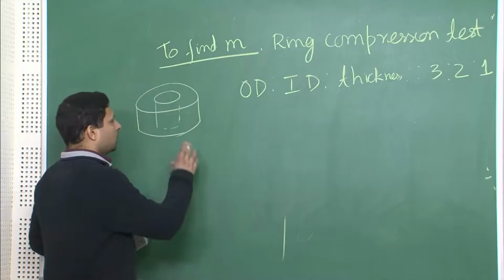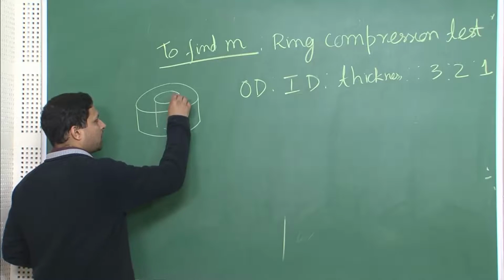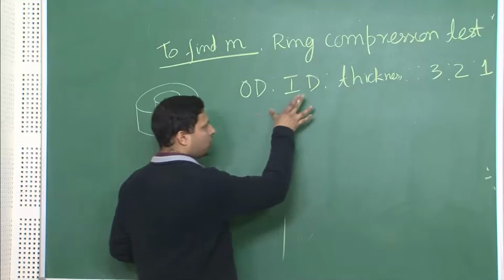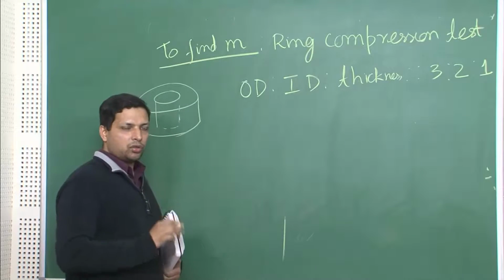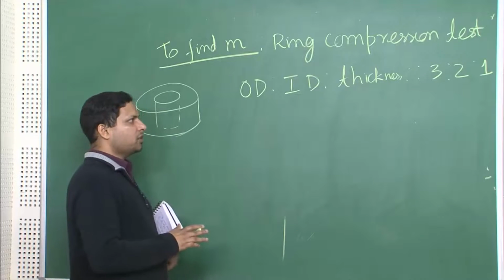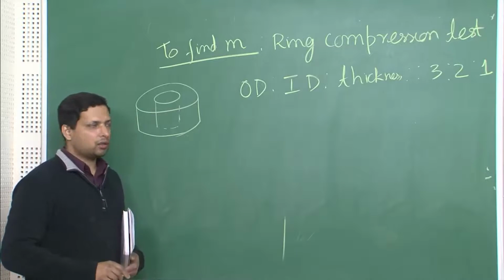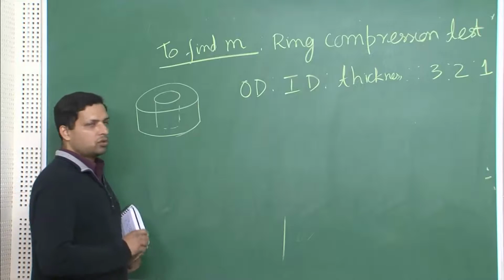So, in order to find the m value, you take a ring with a specific ratio of outer diameter to inner diameter to thickness. There is no absolute dimension given, only the ratio of these dimensions, 3:2:1.